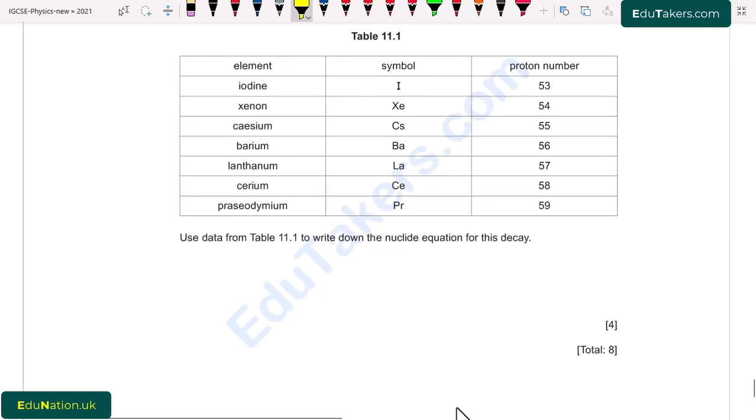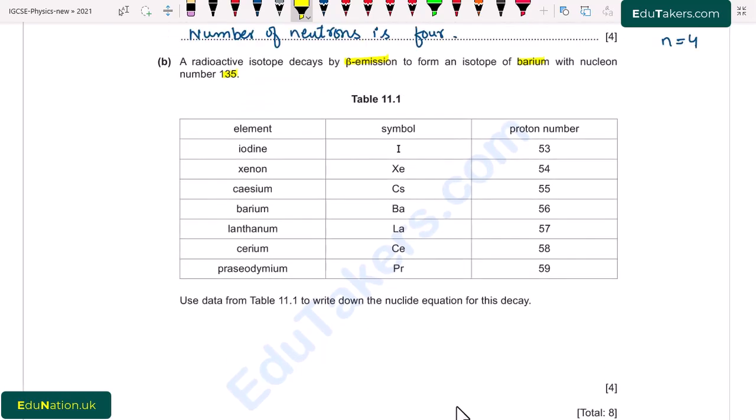So we have to write the nuclide equation for this decay, and we can see from there that it decays into barium. It means that one product is barium and it decays through beta emission. It means that the second product is an electron, that is a beta particle.